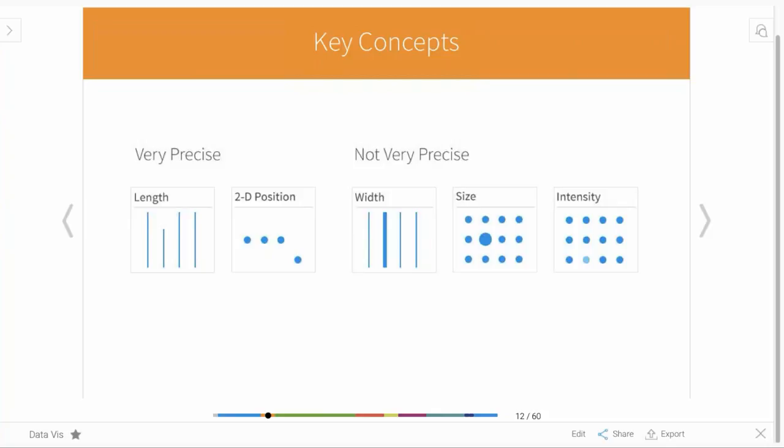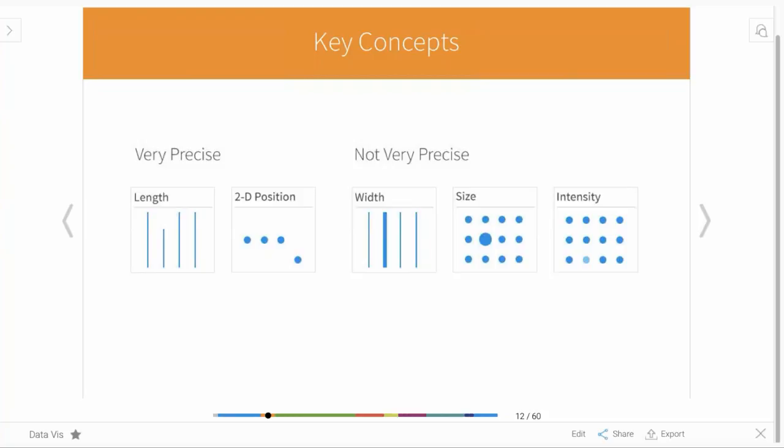So below are some, not all, but some examples of different ways you can encode data into visuals with some types of quantitative meaning associated to it that the eye can process. And the key takeaway here is that some visual encoding methods happen to be better than others.